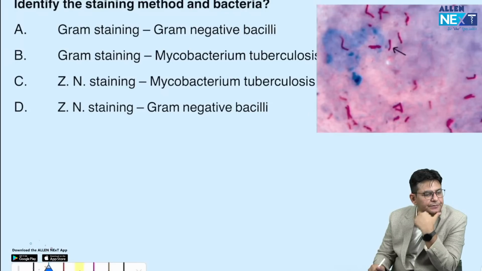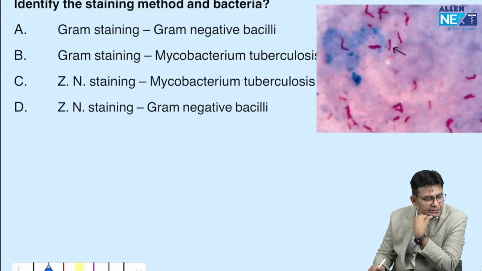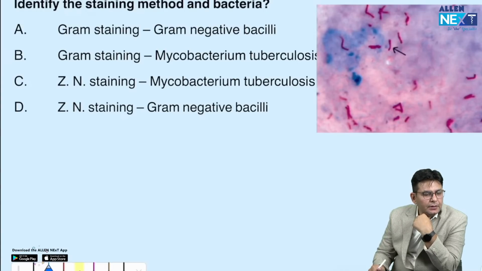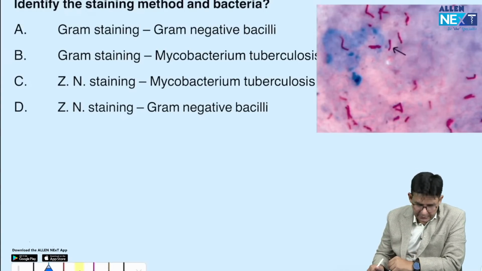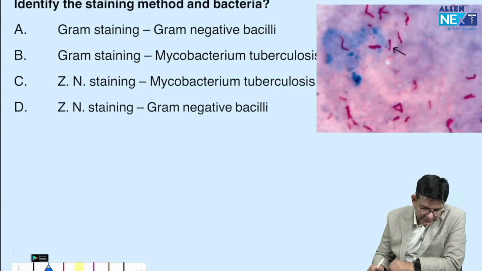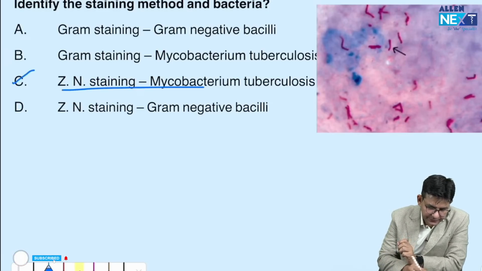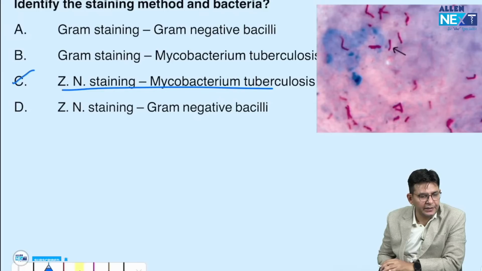Yes, anybody? Yes, please. Comment section. Yeah, it's very useful for NEET PG also. Don't miss it. The answer told by the students is C, and they are right. It's ZN staining and it is for Mycobacterium TB.